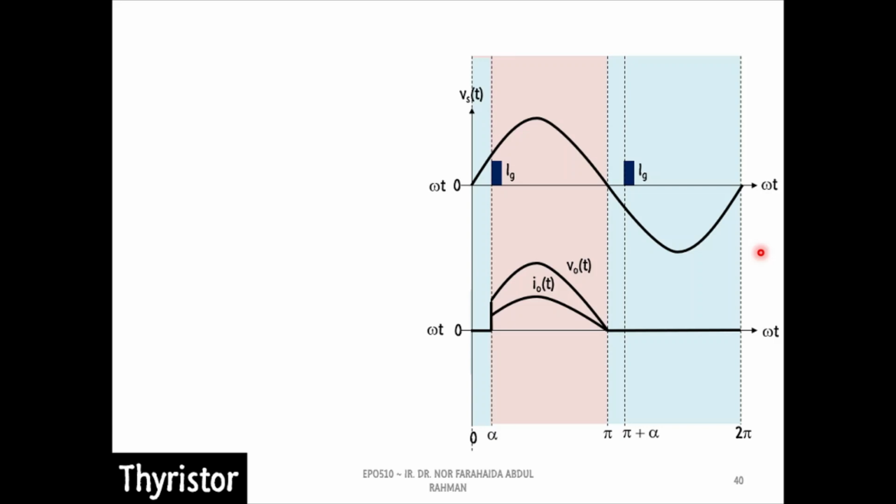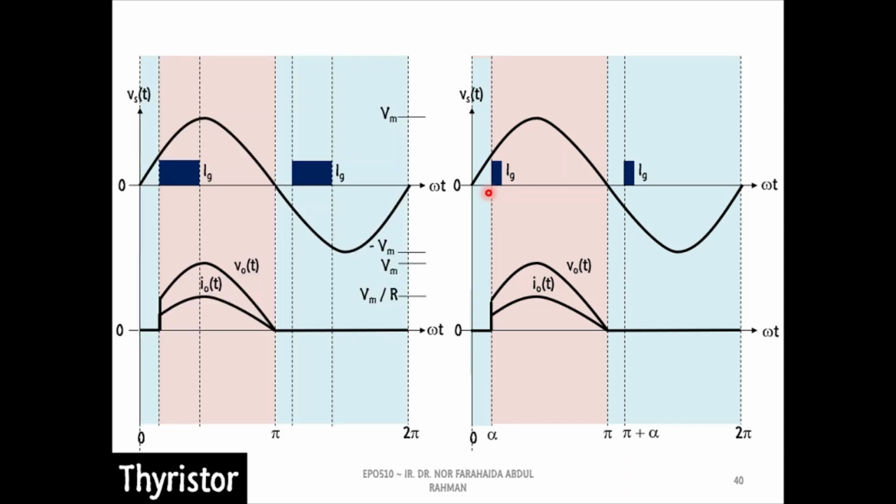Next, let's see whether the width of the gate signal affects the operation of thyristors. As we can see, after I increase the width of IG, the output voltage and current waveforms on the left side are similar to the right side.